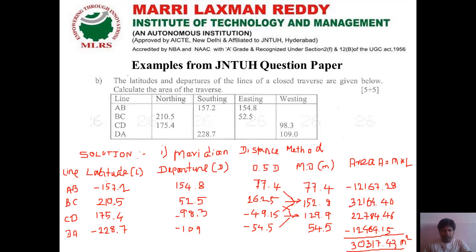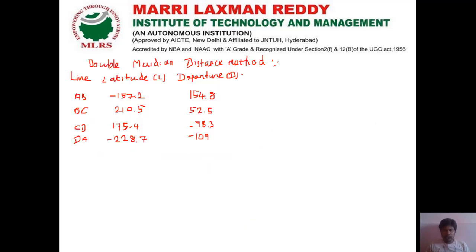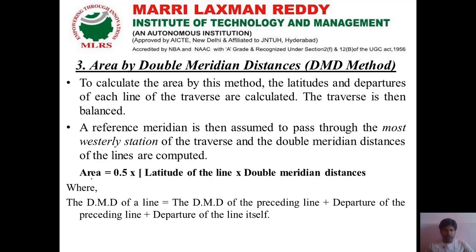For the DMD method also, the line, latitude and departure columns are the same. Now the area formula: area equals 0.5 into latitude of the line into double meridian distance, whereas the double meridian distance of the line equals the DMD of the preceding line plus the departure of the preceding line plus the departure of the line itself.